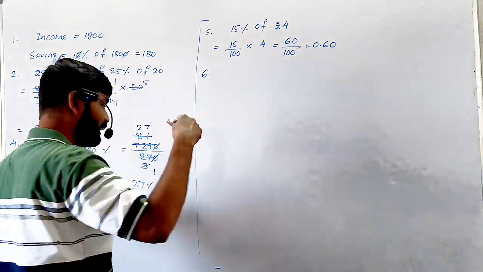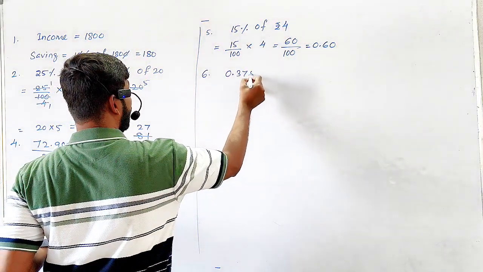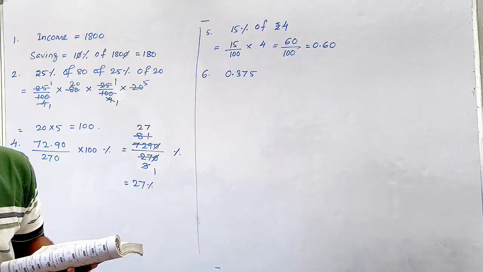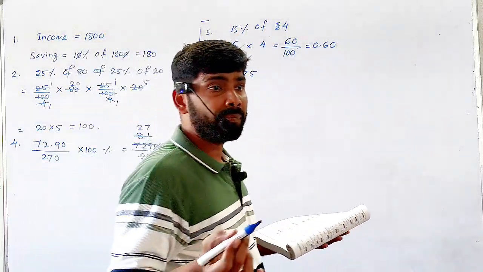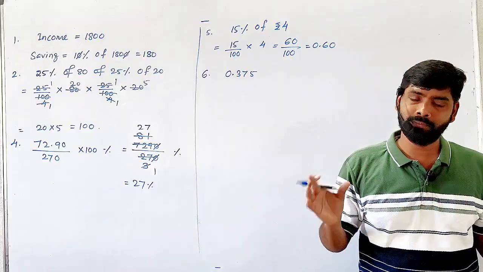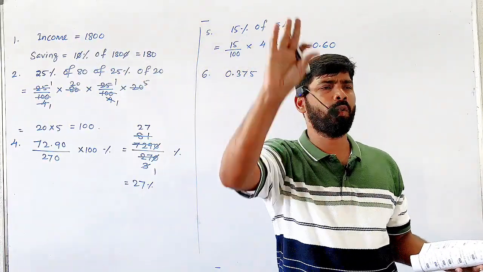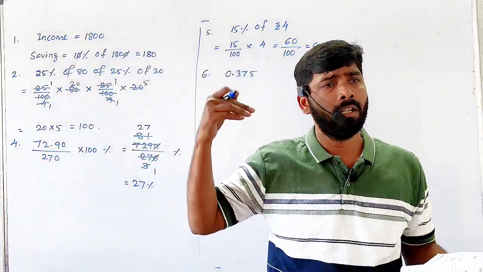Now, question number 6, you see, directly conversion only. It is asked the percentage value of 0.375. It means if there is a decimal, we have to convert it. Then decimal to percentage, what to do? Already yesterday I told you, into 100.